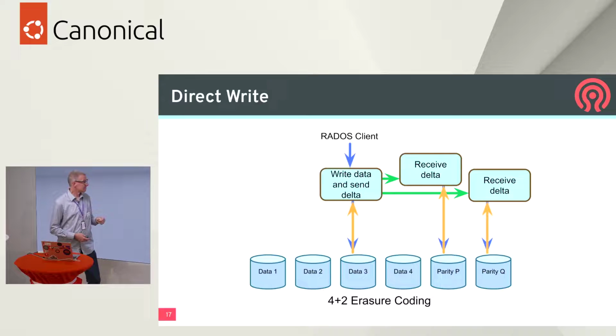So this is possible, but we probably need some extra control path messages to the primary OSD to still have a centralized point of control to do some of the ordering, at least in some of the more unusual scenarios. Maybe for some of the good path normal cases, we can get away without some of those control path messages.